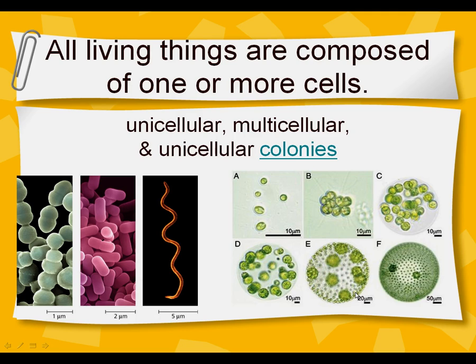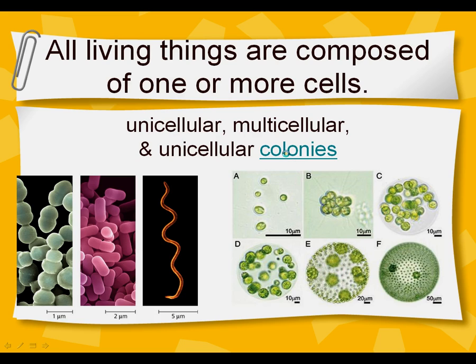Now the cool thing about these unicellular colonies is that you can break up this colony, and each one of those organisms, each one of those cells can go on and live its own life, and in fact it will probably group up or start another colony. So these are really sort of a unique blend of unicellular and multicellular organisms.